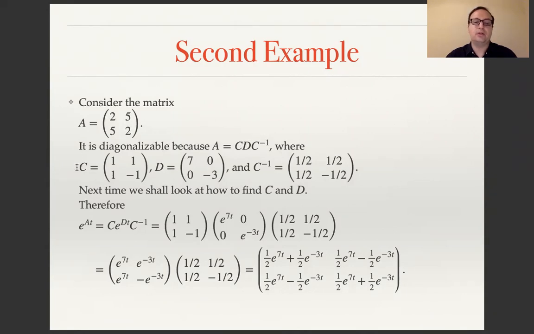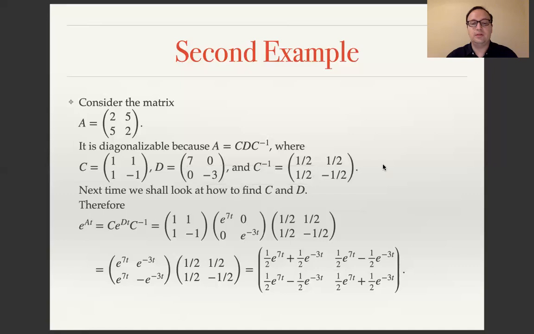A is equal to C D C inverse, where C is the matrix with entries 1, 1, 1, minus 1, and D is the matrix with entries 7, 0, 0, minus 3. So it is a diagonal matrix with 7 and minus 3 on the main diagonal and 0 off the diagonal.